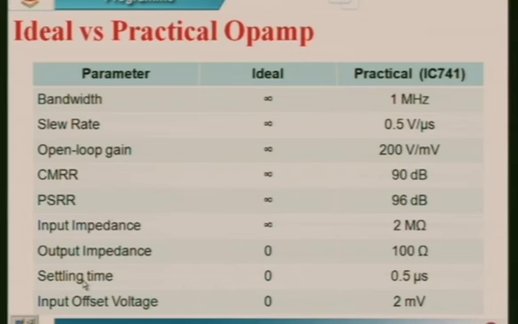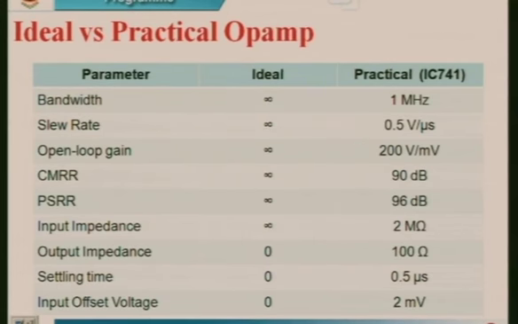So let's go here and try to compare. The comparison goes in this way. What we are trying to do is compare the ideal op amp with a practical op amp. The example that we have taken here is IC 741.